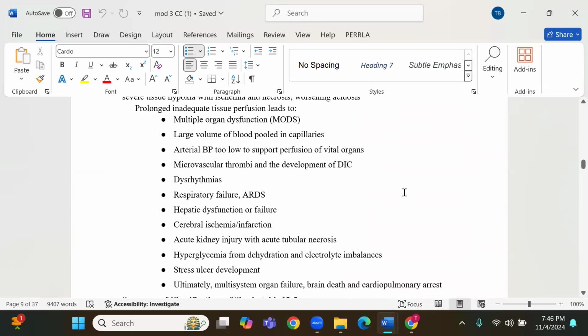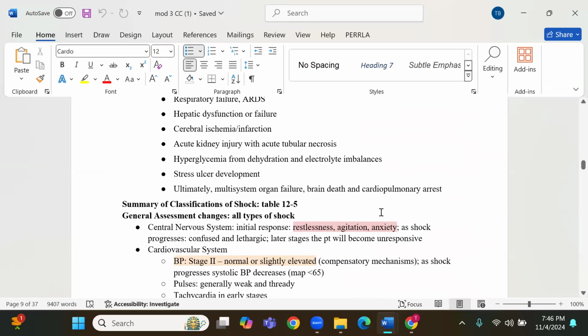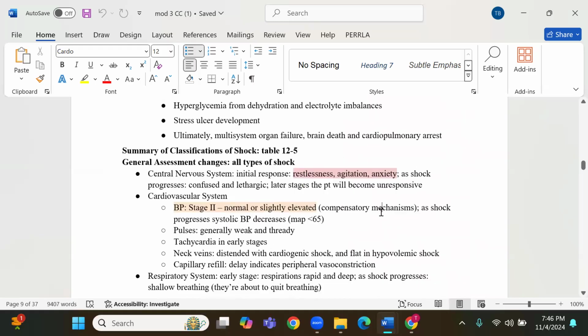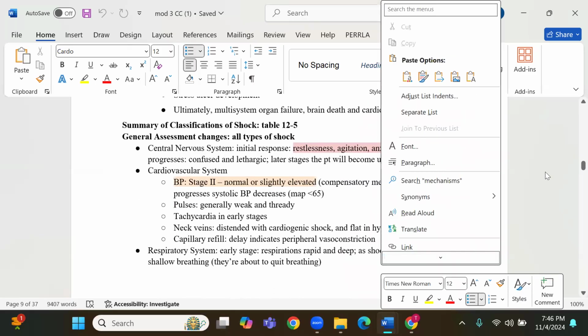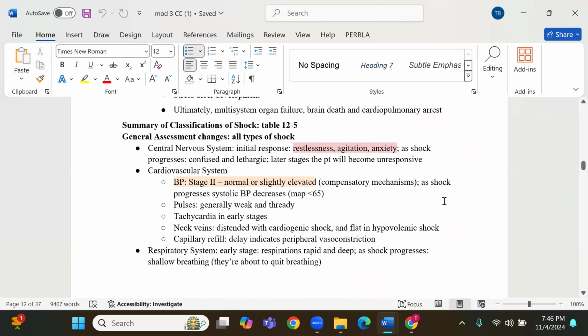This is something that ATI doesn't really explain, but I want us to look here so we can see this. Hang on just a second. Okay, so it says general assessment of all types of shock. Okay, this is what we're looking at. I want you to see this.